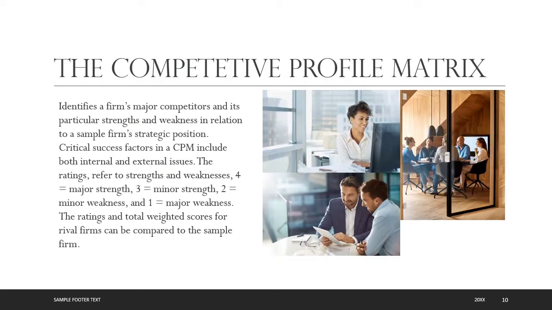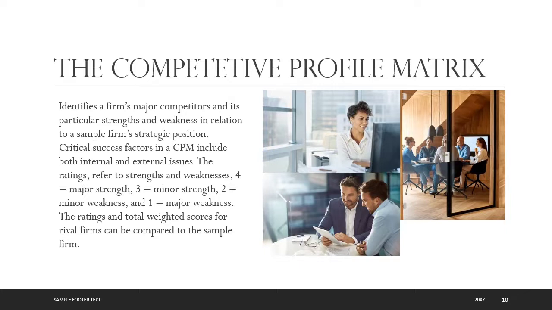So let's now move on to the competitive profile matrix, or CPM. The competitive profile matrix identifies a firm's major competitors and its particular strengths and weaknesses in relation to a sample firm's strategic position. The weights and total weighted scores in both a CPM and an EFE have the same meaning.